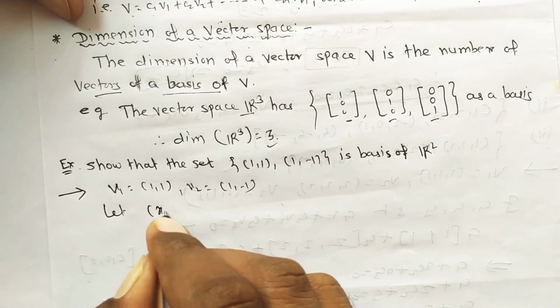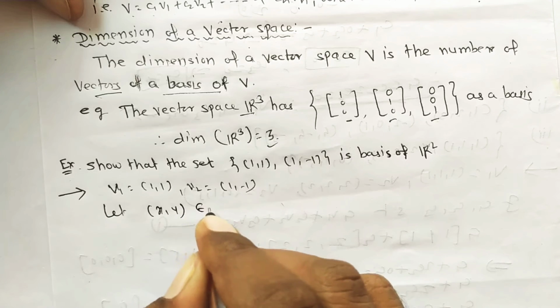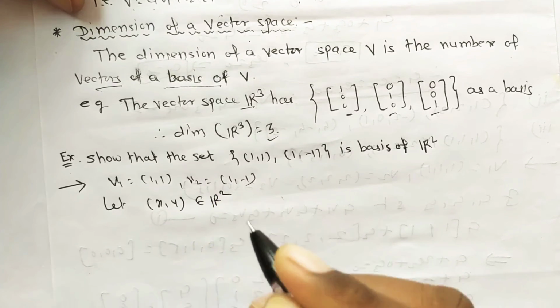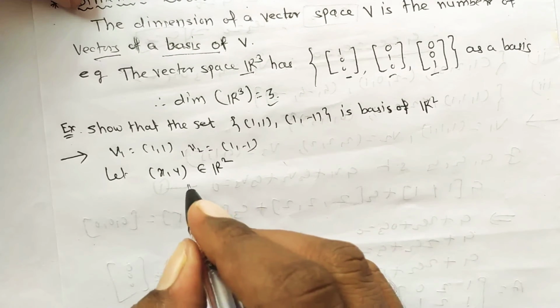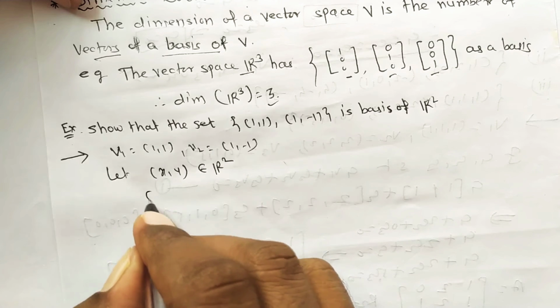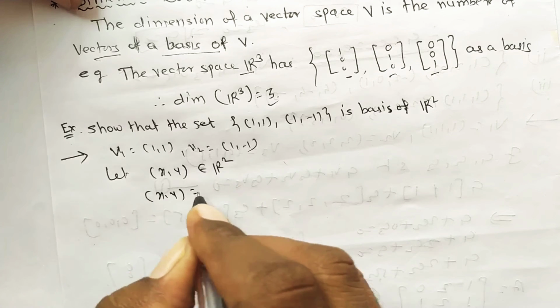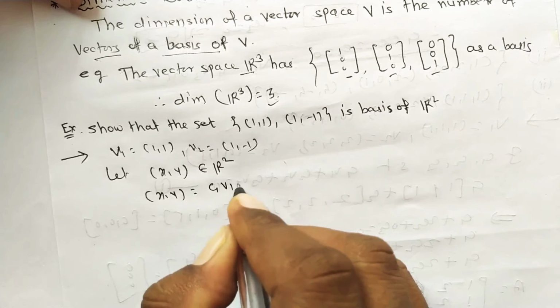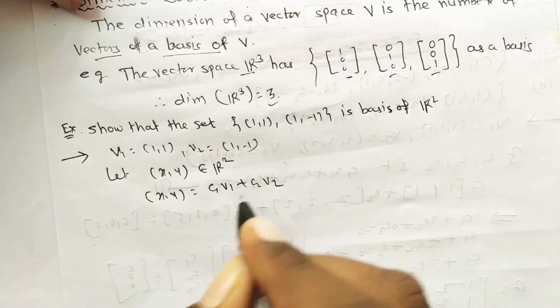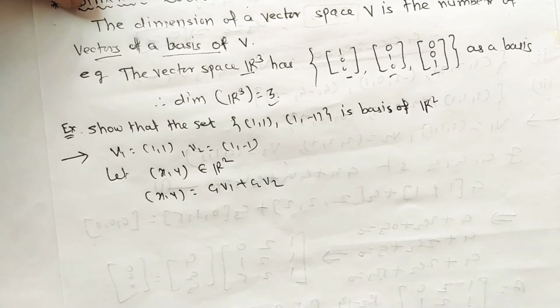So how do we check the spanning set? Suppose we take a vector (x,y) belonging to R2. If we write (x,y) equal to c1 v1 plus c2 v2, then we can say that the given set is a spanning set.